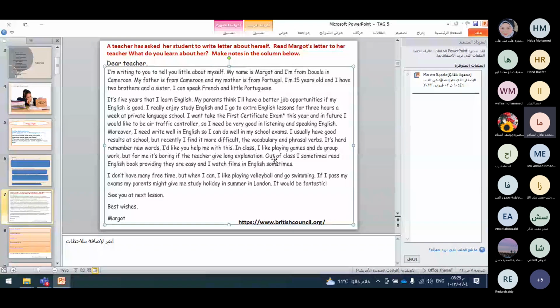She doesn't have a good ability in vocabulary and phrasal verbs. So I will guide her to use certain strategies and certain ways to make memorizing vocabulary easier for her. Okay. Excellent.